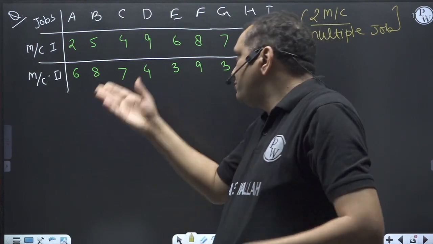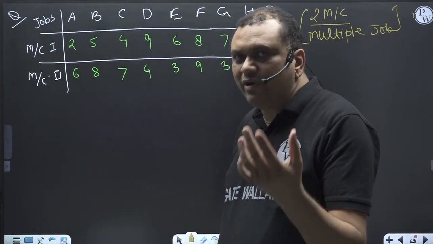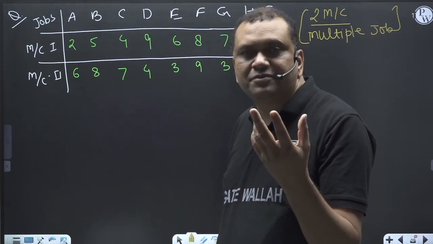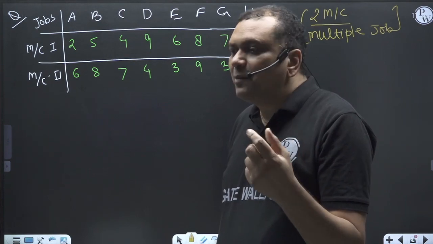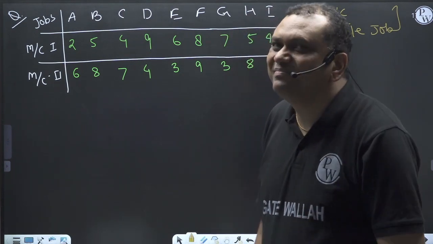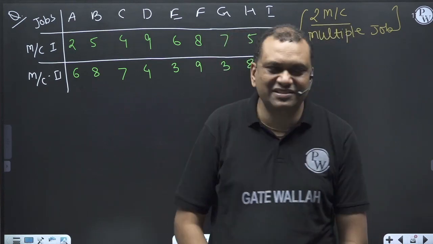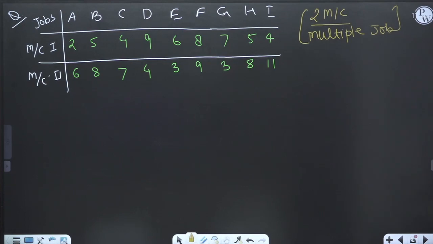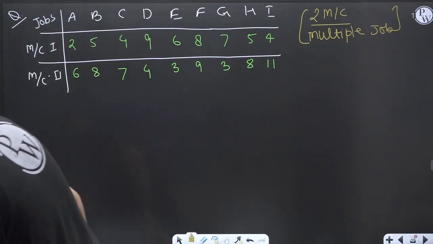Now, in which sequence do I need to process these jobs so that machine idleness is minimum, so that there is maximum utilization of the machines?